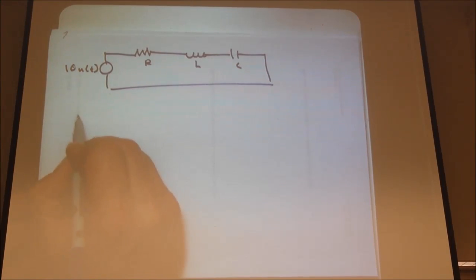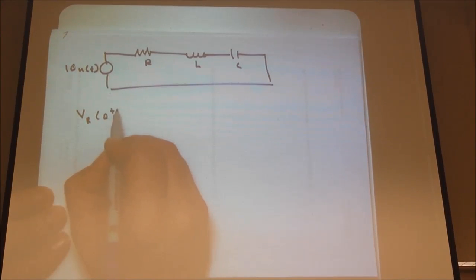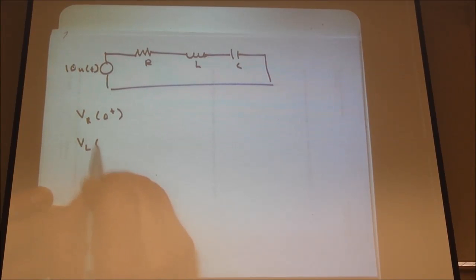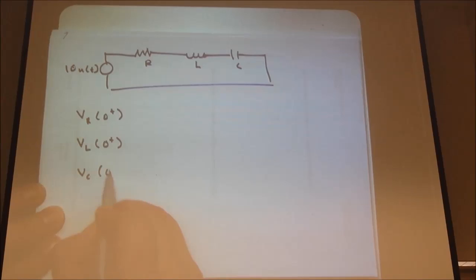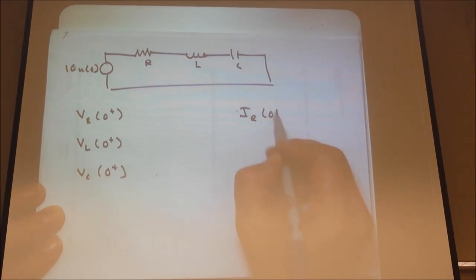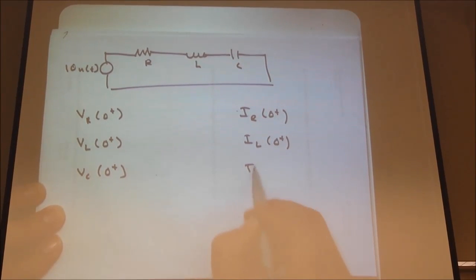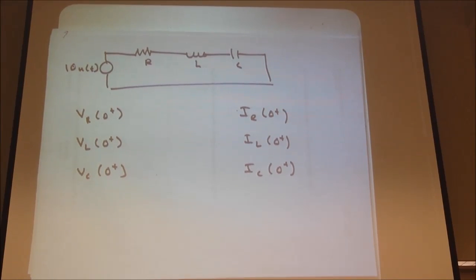And again, we could go in and say VR 0 plus, VL 0 plus, VC 0 plus, and for argument's sake, we could just include an IR 0 plus, an IL 0 plus, and an IC 0 plus.